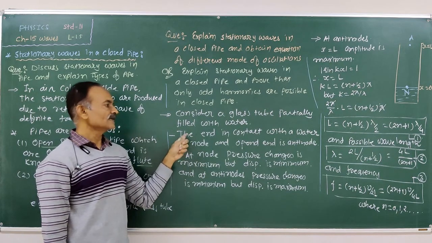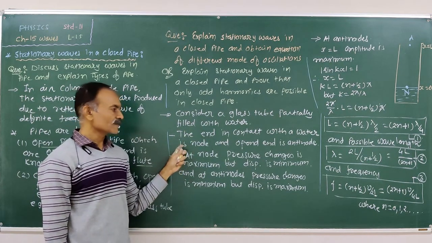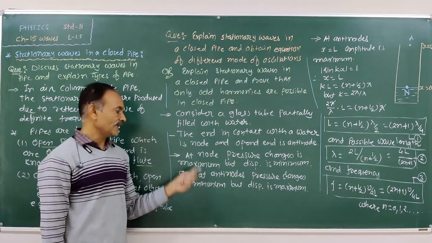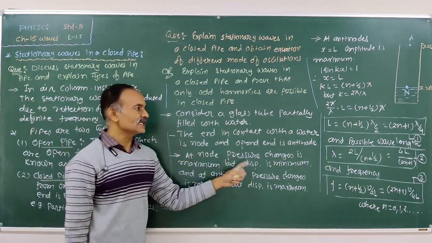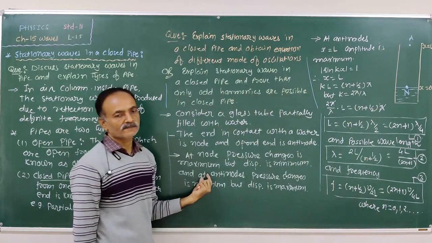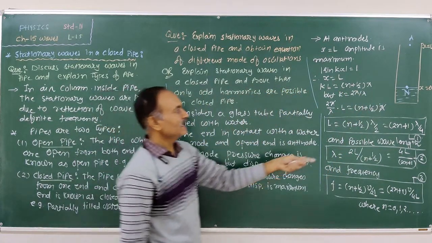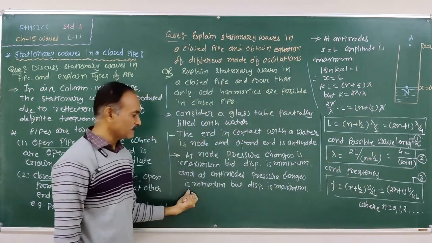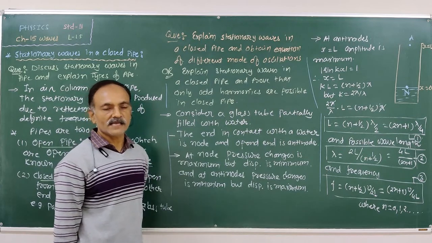Right? The end in contact with water is a node and the open end is an antinode. At the node point, the pressure change is maximum and displacement is minimum. While at the antinode at the open end, the pressure change is minimum but displacement is maximum.